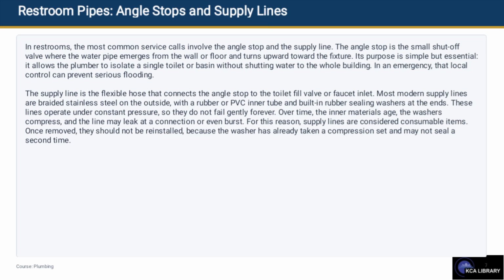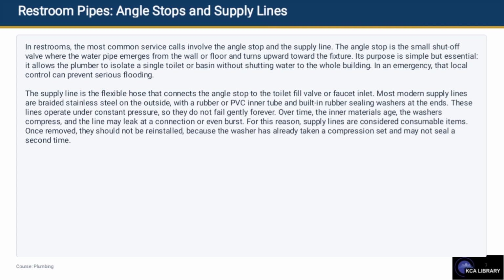The supply line is the flexible hose that connects the angle stop to the toilet fill valve or faucet inlet. Most modern supply lines are braided stainless steel on the outside with a rubber or PVC inner tube and built-in rubber sealing washers at the ends. These lines operate under constant pressure, so they do not last forever.